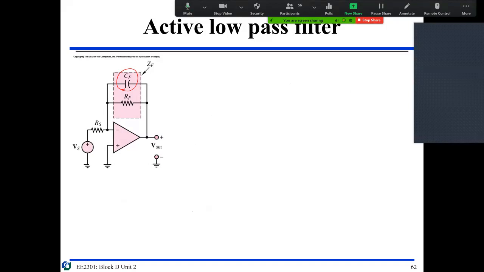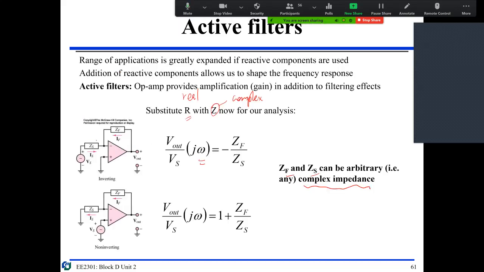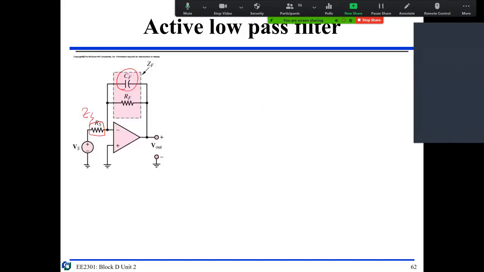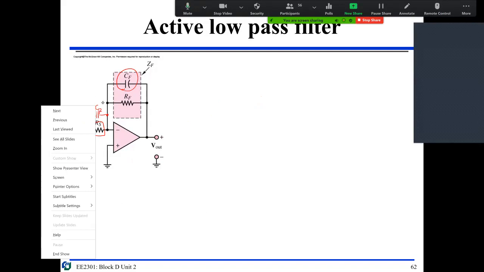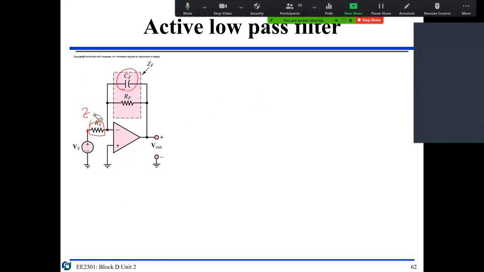Why? Because we have to use the impedance concept. So this is also impedance, for the ZS. ZS in a special case can be a resistor, but it can be more complicated. You may ask, what if I put a parallel capacitor here, C2? Yeah, you can, but this is our next topic. We don't want to make it too complicated here.